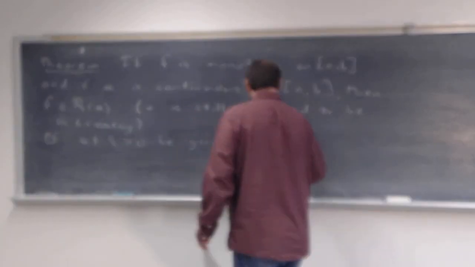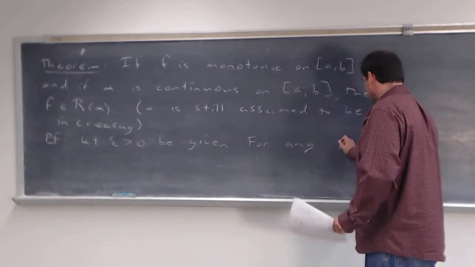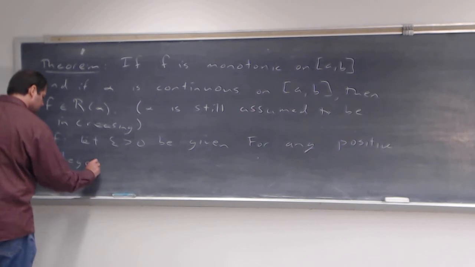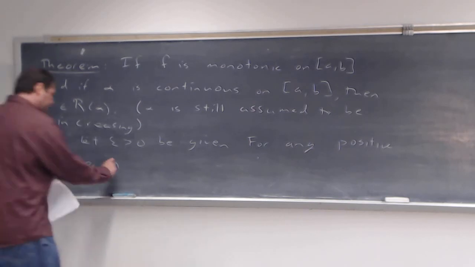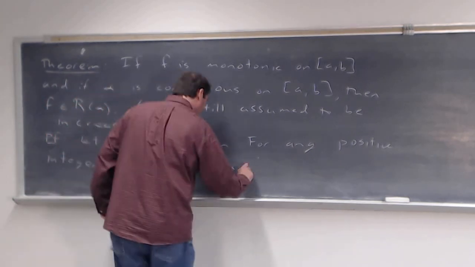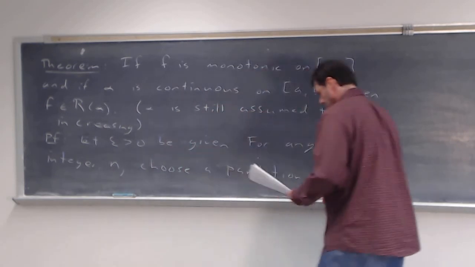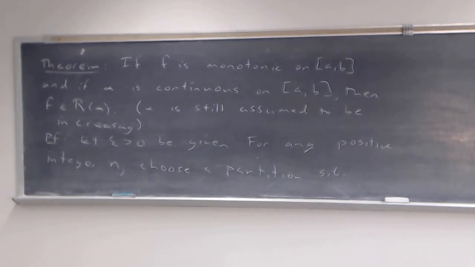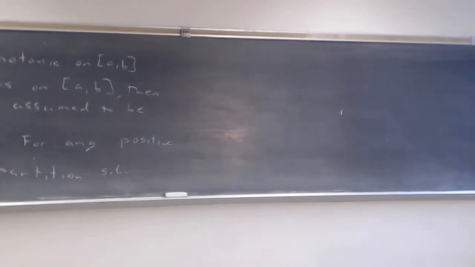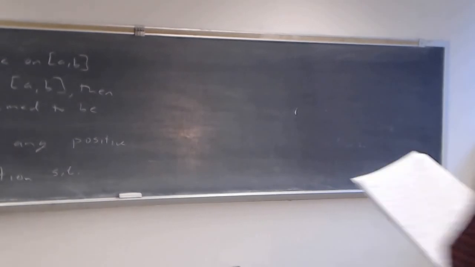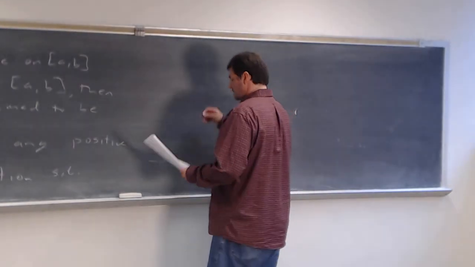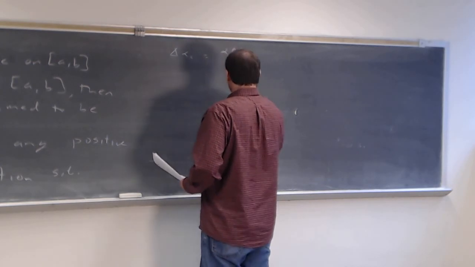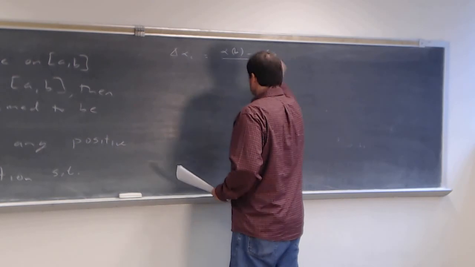We're going to say for any positive integer n, choose a partition such that the delta alpha sub i's are equal to alpha of b minus alpha of a, all over n.